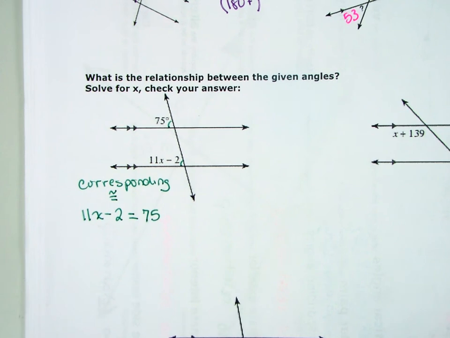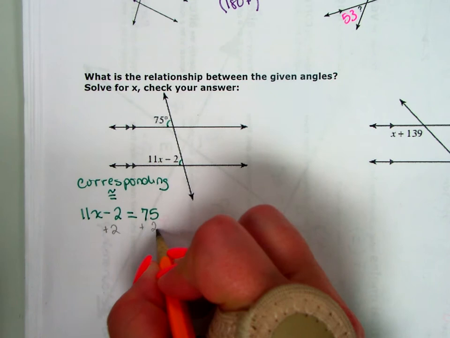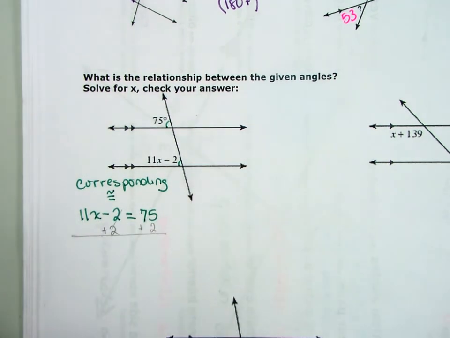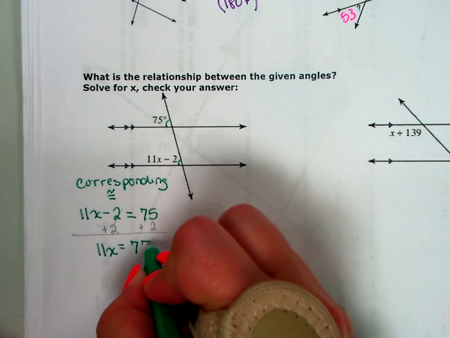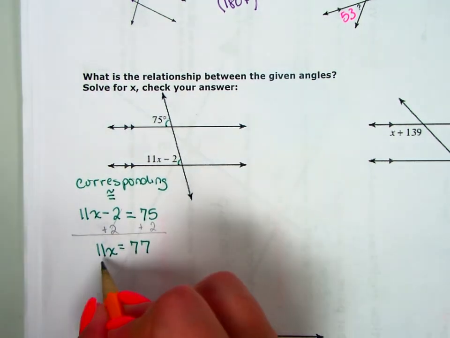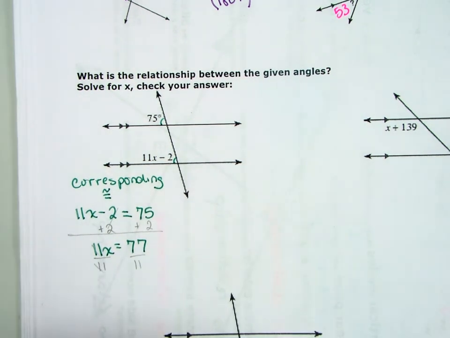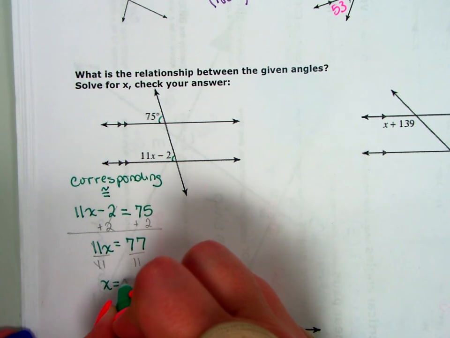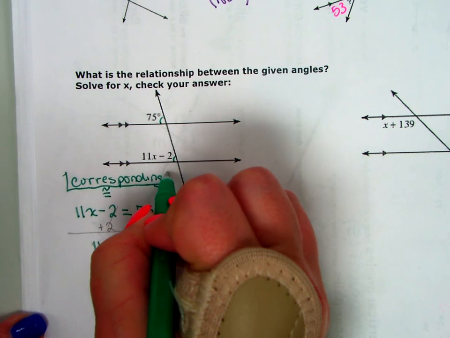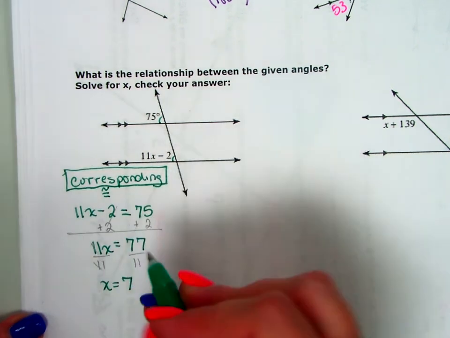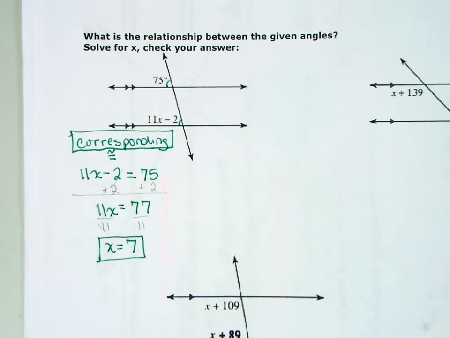Now I just have to solve for x. What do I do? Add 2 to both sides. 11x equals 77. Then what? Divide by 11, division property of equality, and x equals 7.